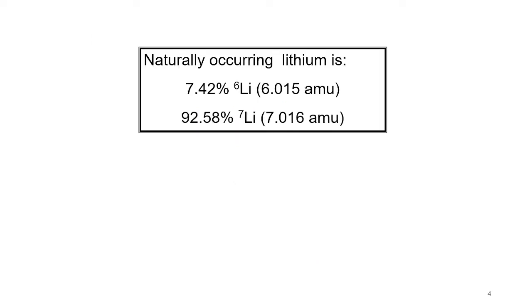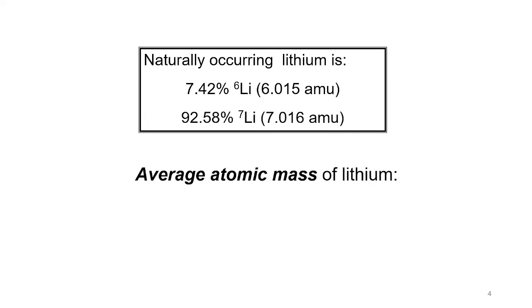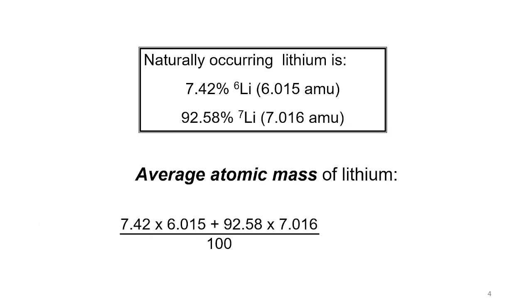Another example here is the computation for the average atomic mass of lithium. For naturally occurring lithium, 7.42% are lithium 6, which has 6.015 atomic mass units, and 92.58% are lithium 7, which has 7.016 atomic mass units. For the computation, we used the percentage, so we need to divide it by 100.